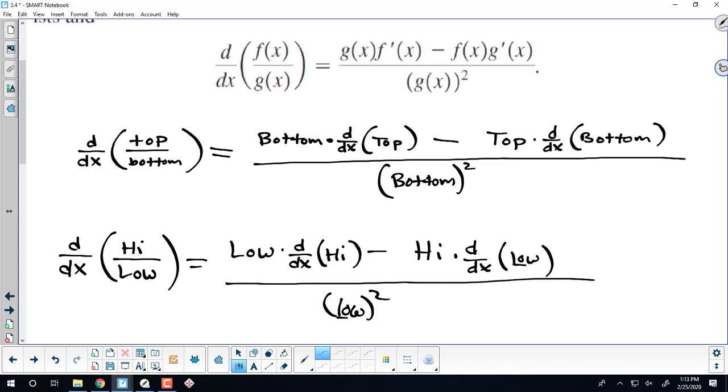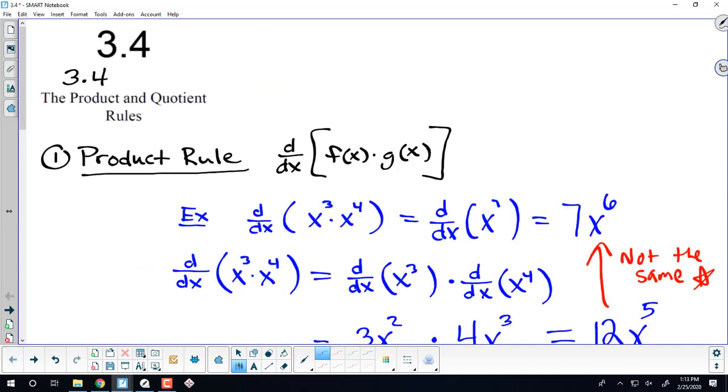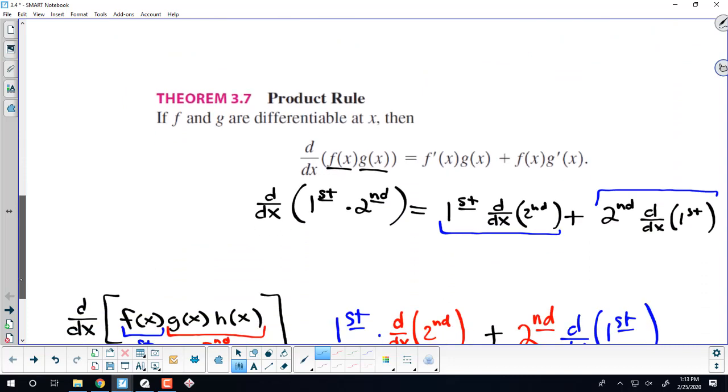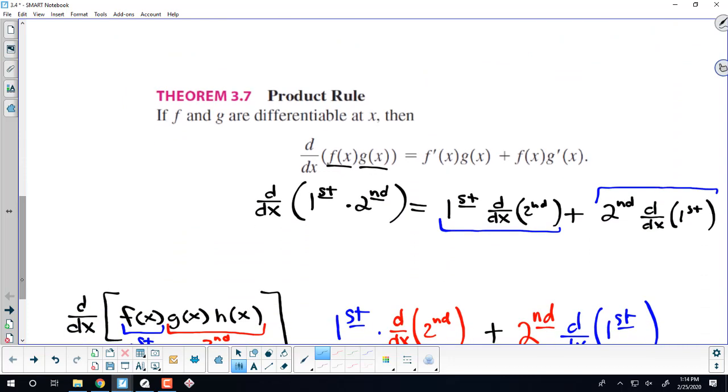It's also worth pointing out that when you take the derivative of a product, in practice it doesn't matter what order we have it in. We have the first times the derivative of the second plus the second times the derivative of the first. We could say it's the derivative of the second times the first plus the derivative of the first times the second.